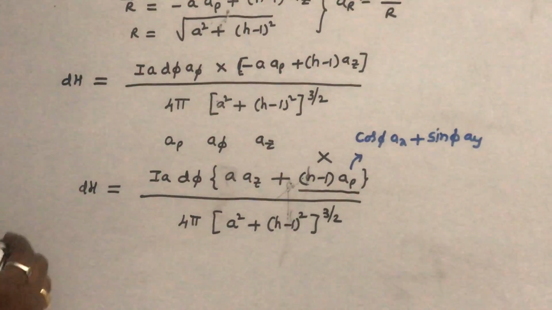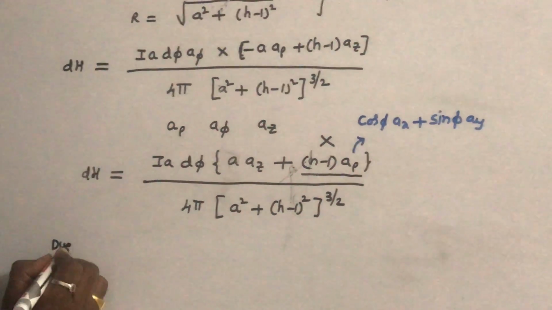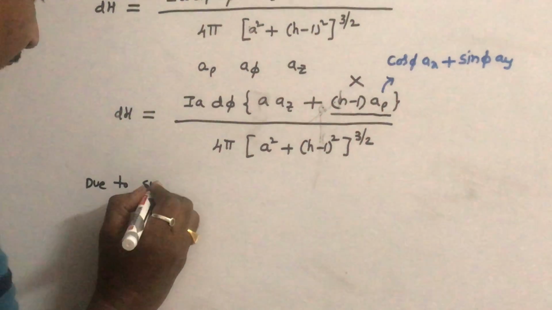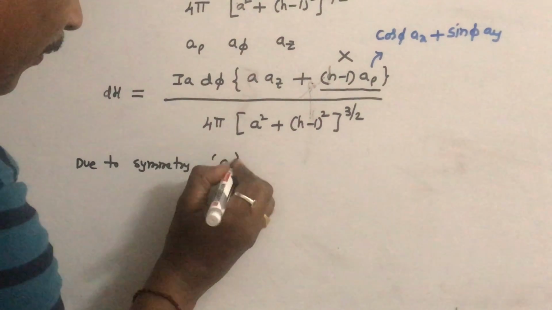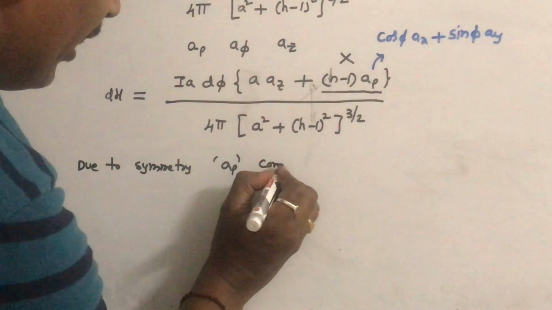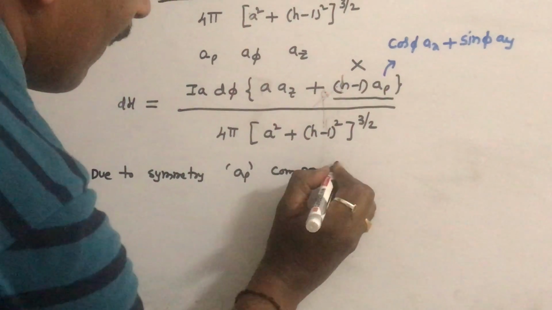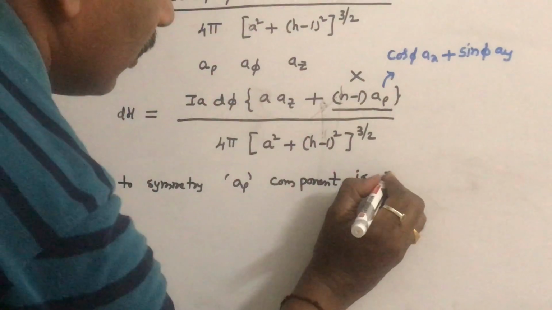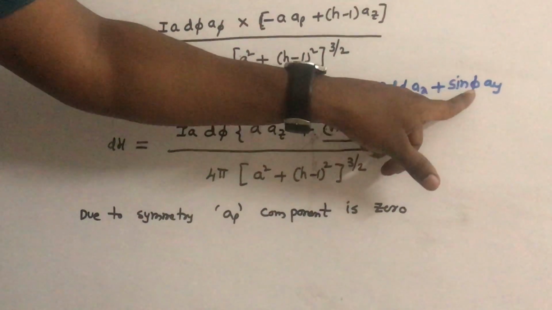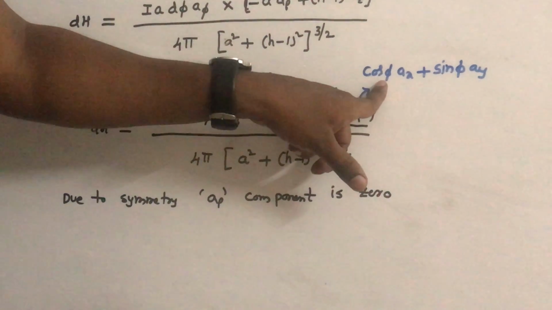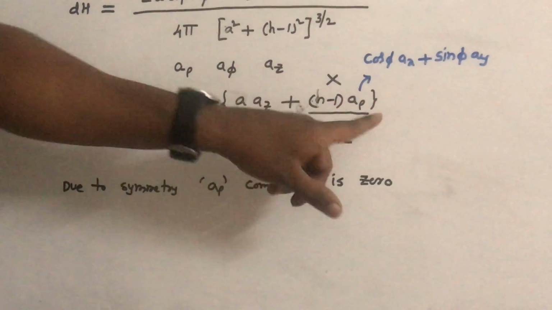So what we can write here, due to symmetry, the aρ component is 0 because of this reason. Sin φ over 0 to 2π is 0, cos φ over 0 to 2π is 0. So therefore this entire term is 0.